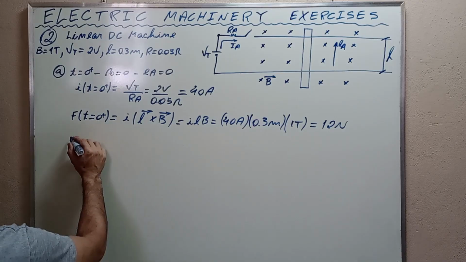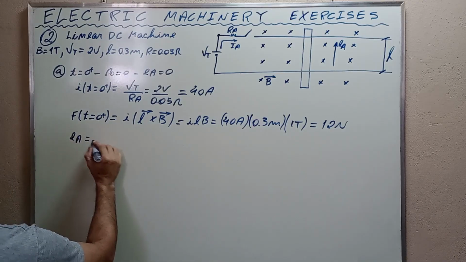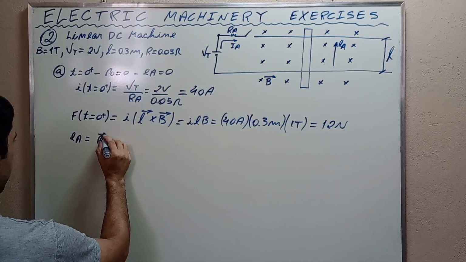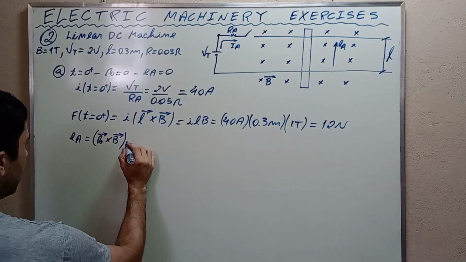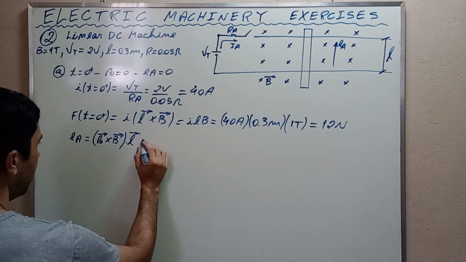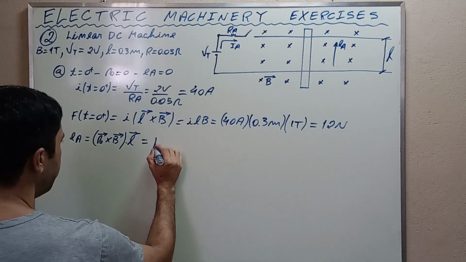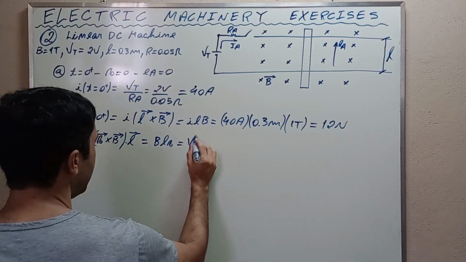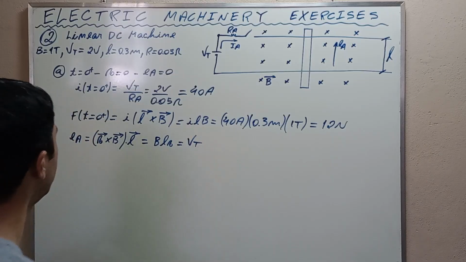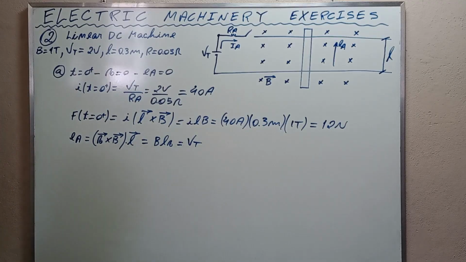The induced voltage EA is equal to V vector B dot L, and this is equal to BLV, which is equal to VT. It has to be equal to the voltage of the battery.